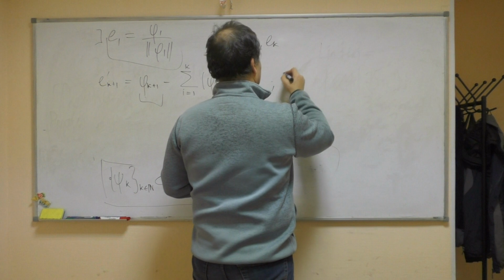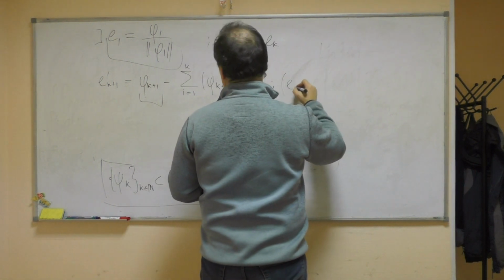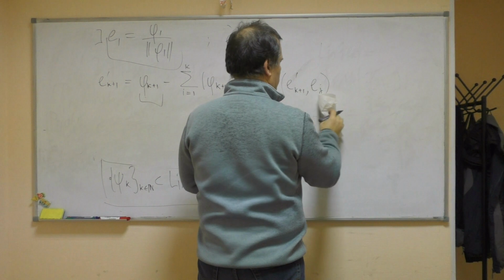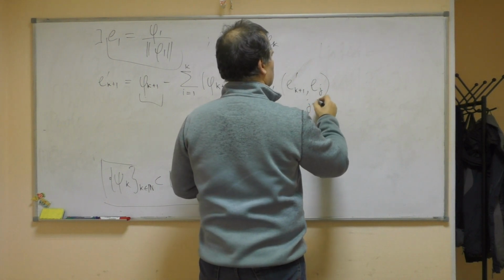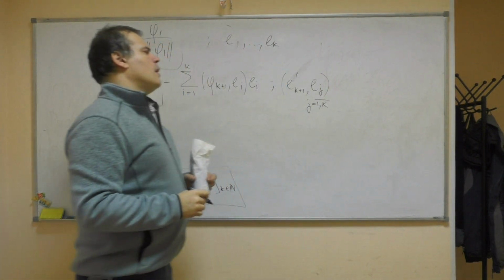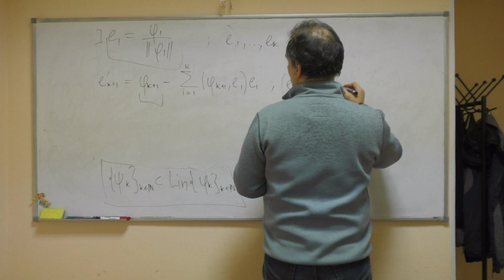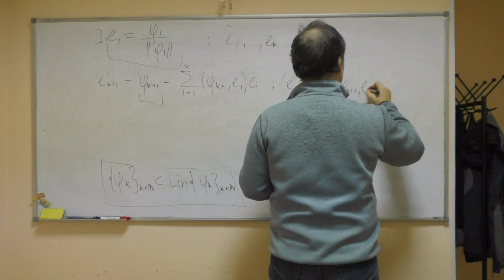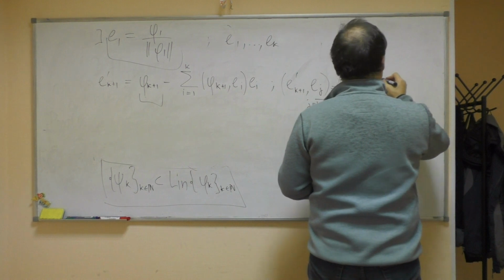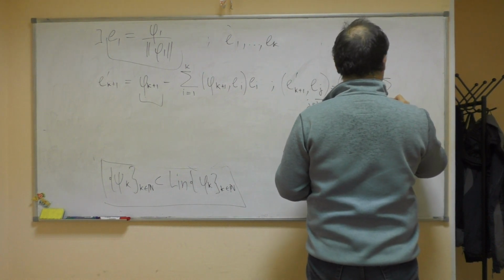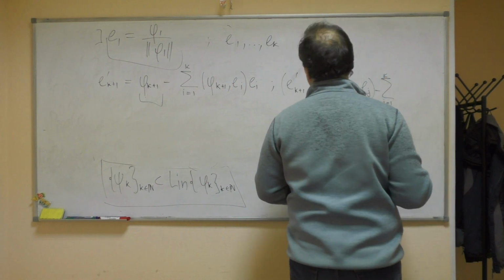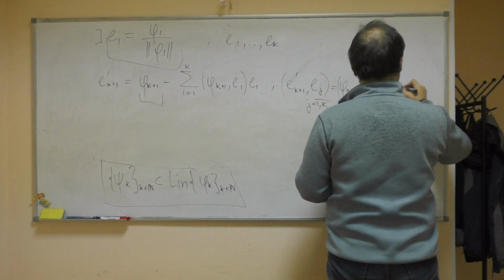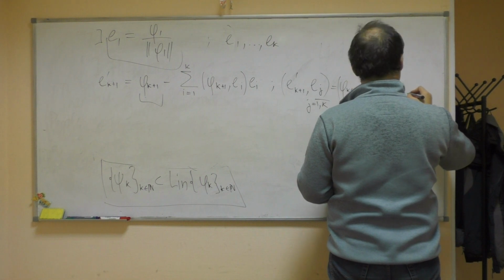Let us study the properties of this new vector. If we multiply it by ej, say, for each j from 1 to k, we will get (phi k plus 1, ej) minus the sum from i equals 1 to k of (phi k plus 1, ei)(ei, ej).